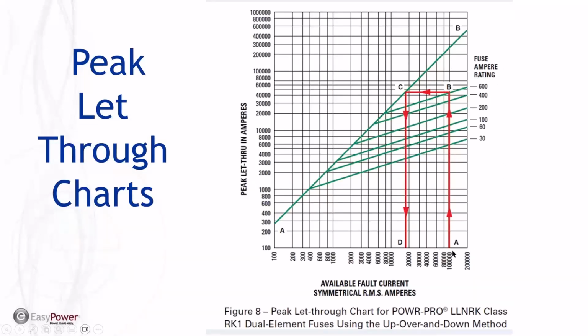What the fuse manufacturer suggests is that we can plot the 100,000 amp available fault current up to where it intersects our value for the fuse itself. In this case, I think it was 600 amps. We take it over.